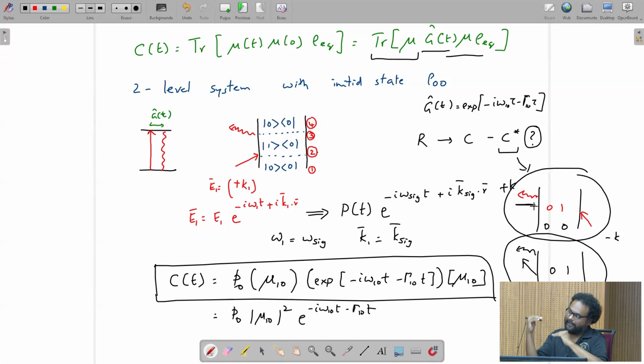What you need to do is bookkeep the directions. So only for the interactions, this is plus k, minus k. Not for the emission. Okay, so the k vector of the emitted signal is not related to this, it's just the direction which is shown here. Yeah, exactly. It's not related to the direction of the emission. It is just ensuring completeness. It has nothing to do with the emission.